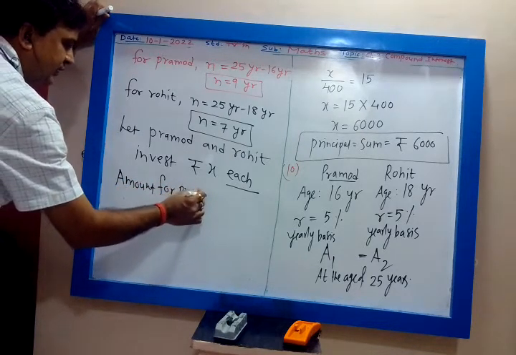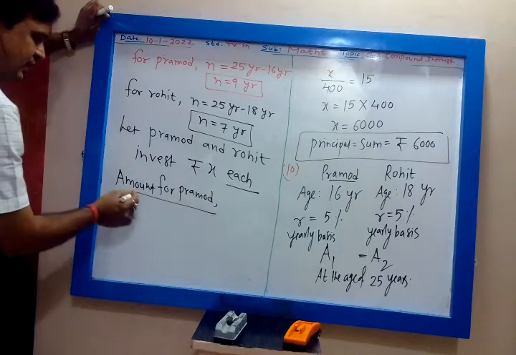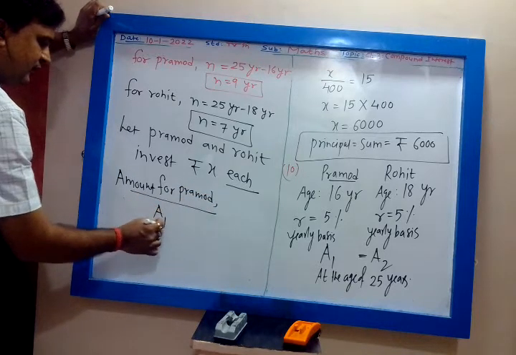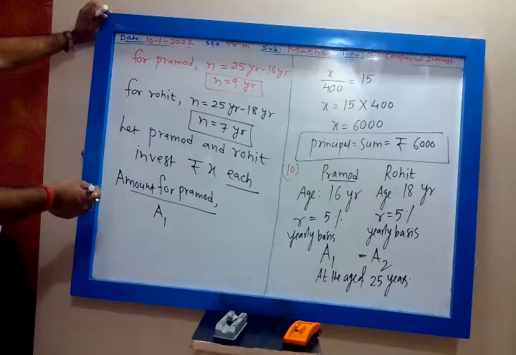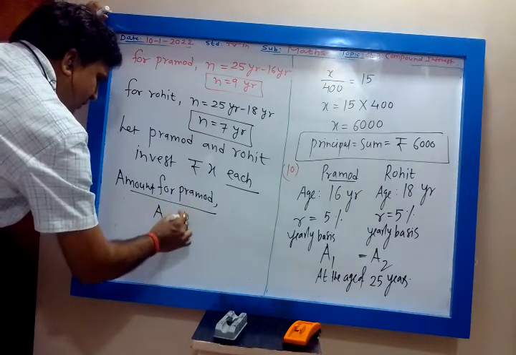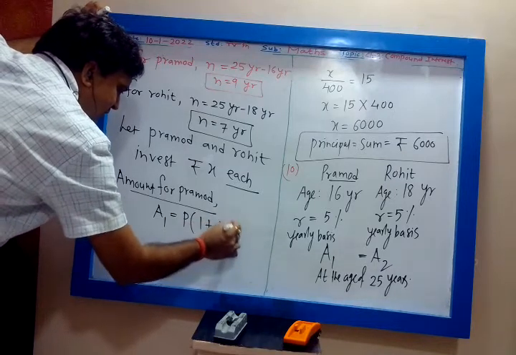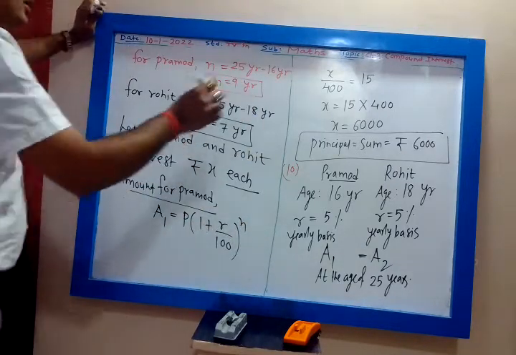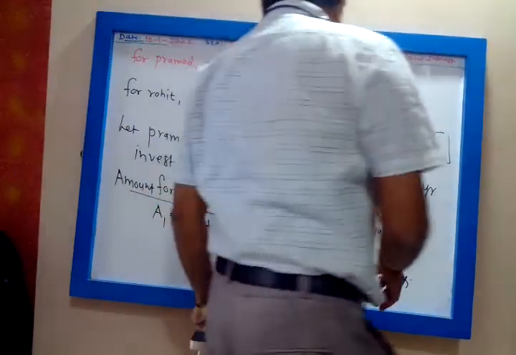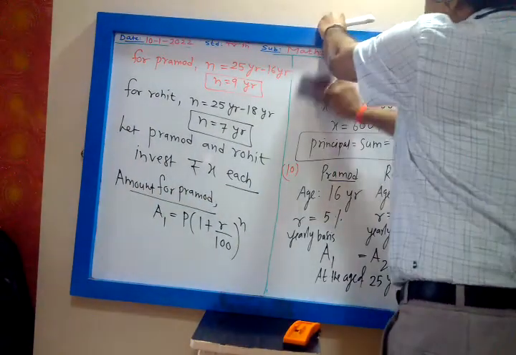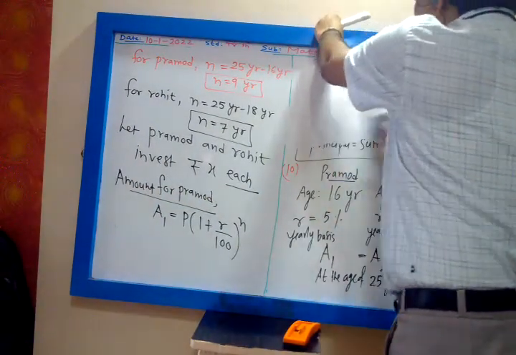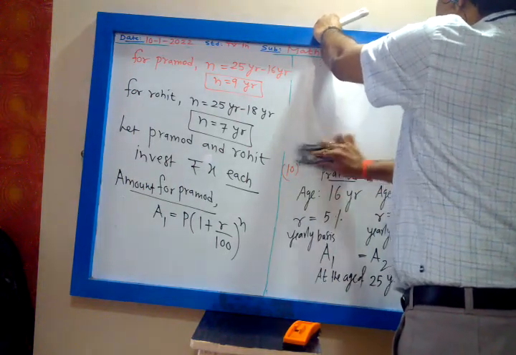That will be A1. What will be the formula? P into (1 plus R upon 100) raised to N. Because it is yearly, we use the same formula. The rate of interest is the same.